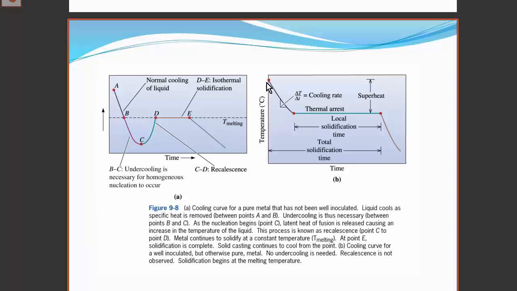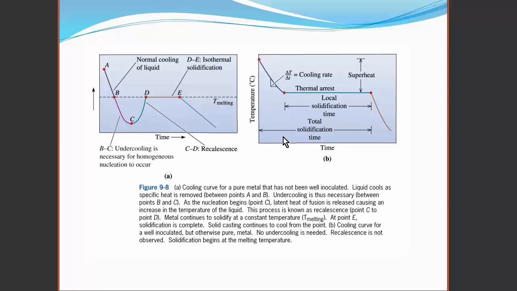The superheat is the temperature difference between the pouring temperature and the melting temperature of the material. The melt may be superheated to ensure that it doesn't solidify before it has completely filled the mold, and also to reduce viscosity, for instance.